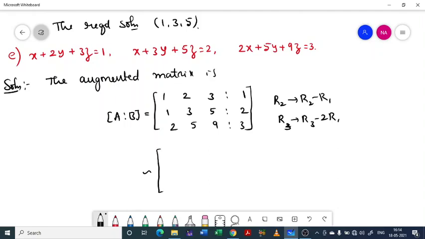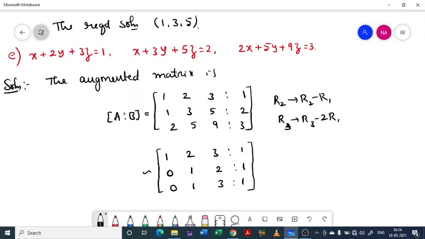So this matrix will be equivalent to 1, 2, 3 colon 1, then 1 minus 1, 0, 3 minus 2, 1, 5 minus 3, 2, 2 minus 1, 1, then 2 minus 2, 0, 5 minus 4, 1, 9 minus 6, 3, and then 3 minus 2, get 1 again. So 0, 1, 3, 1.